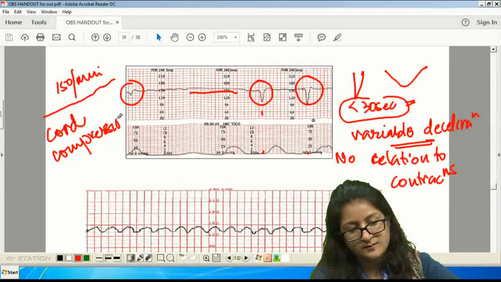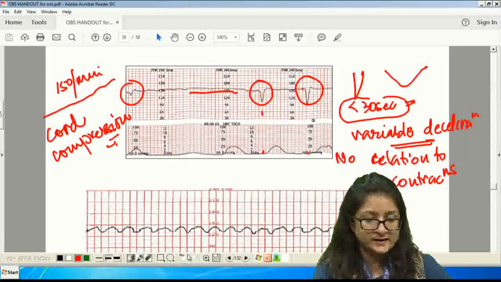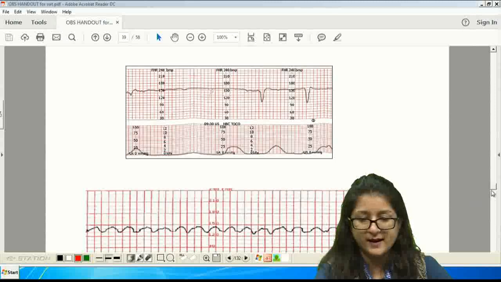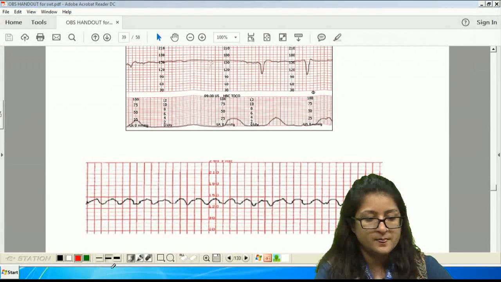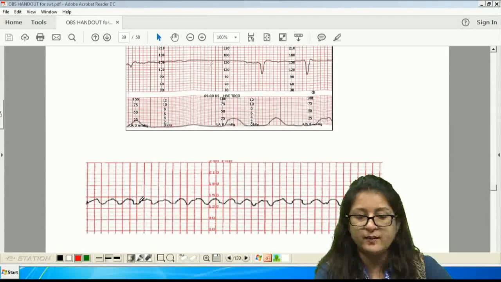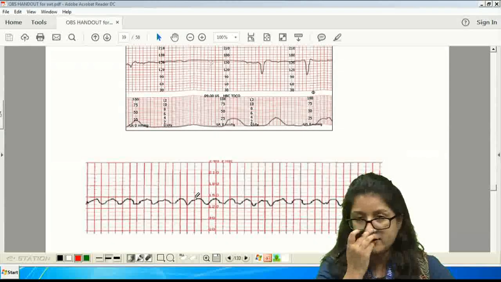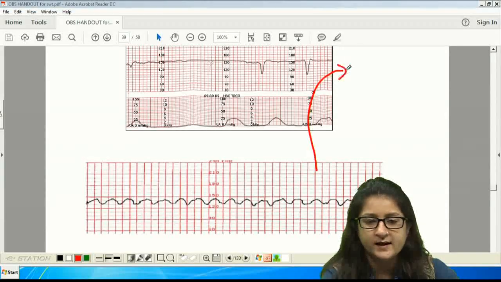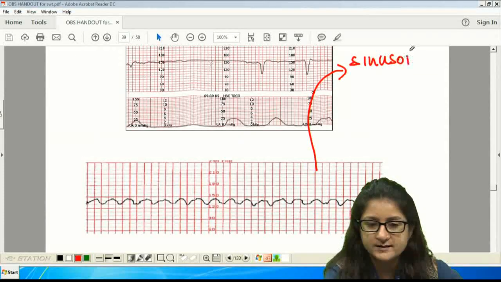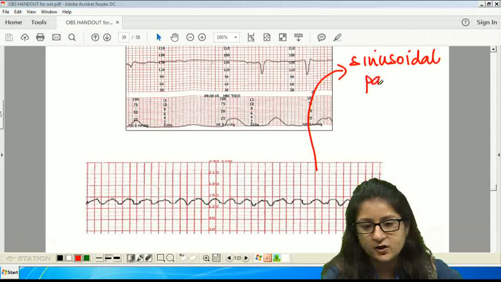Now there is another type of deceleration which is important to remember, and that is this one. This is a sine wave pattern, a regular up-down sine wave pattern, called the sinusoidal pattern. This sinusoidal pattern is very ominous.